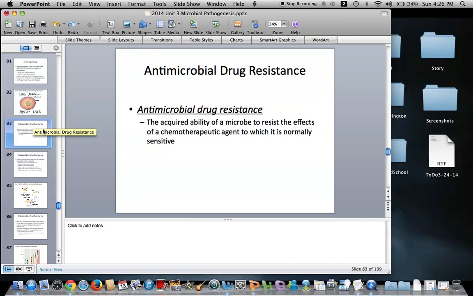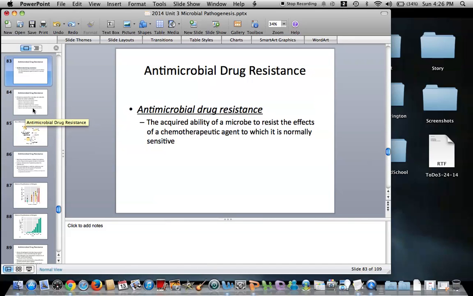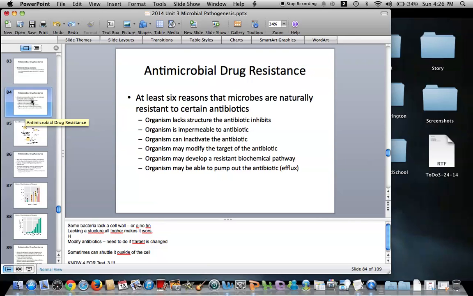Antimicrobial drug resistance: the acquired ability of a microbe to resist the effects of a chemotherapeutic agent to which it is normally sensitive. So it might lack the structures that the drug requires. It might be impermeable. It might inactivate the antibiotic.